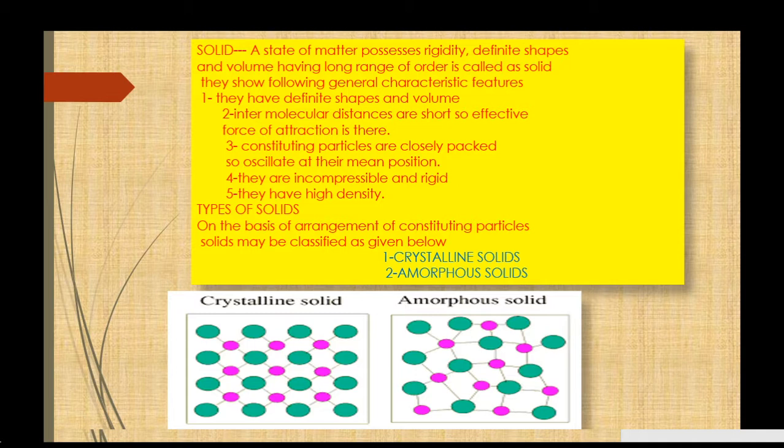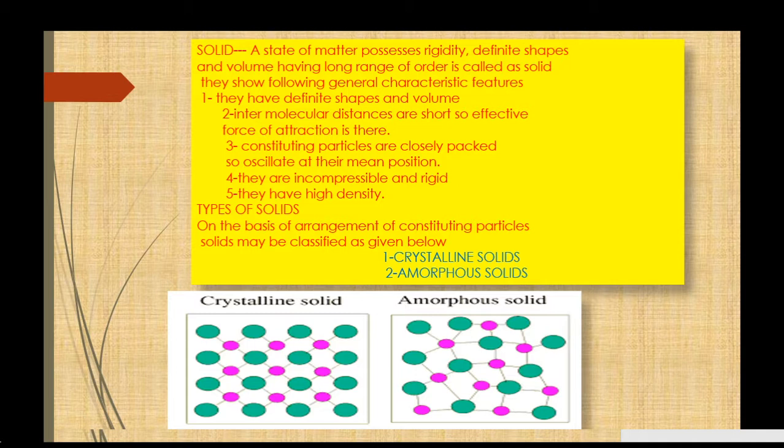So, how can we differentiate these two categories of solids? How can we identify that the given solid is a true solid? How can we decide the given solid is an amorphous solid or pseudo solid?